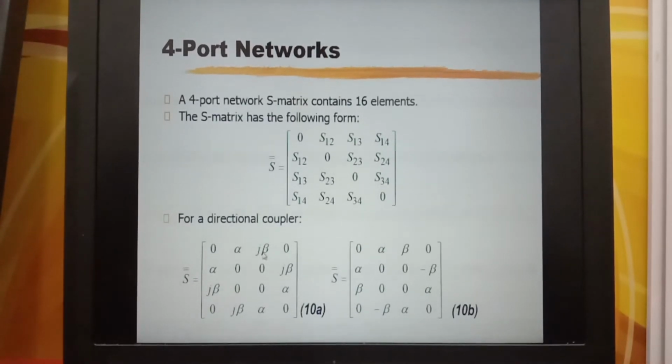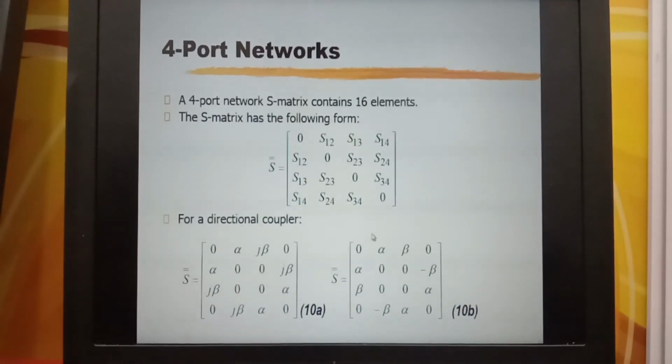What it means is that the output at port 2 and port 3, when signal is fed to port 1, the magnitude at the output of port 2 is alpha and the magnitude of the output at port 3 is beta. The j means there is a phase difference of 90 degrees.